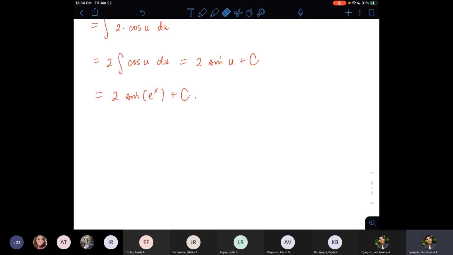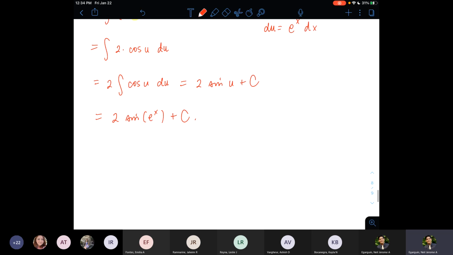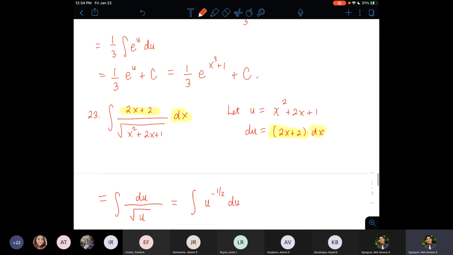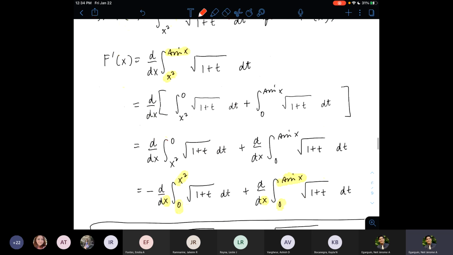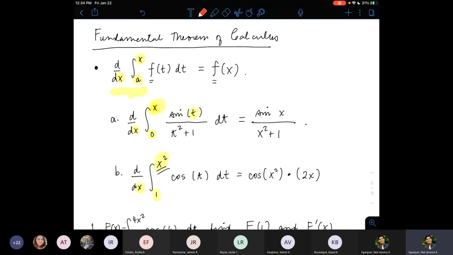I see Marion posted a question here, though it's a little bit off topic, but let me insert it right here. Let me call this an example. I said I'll label problems that are not part of the worksheet with letters.